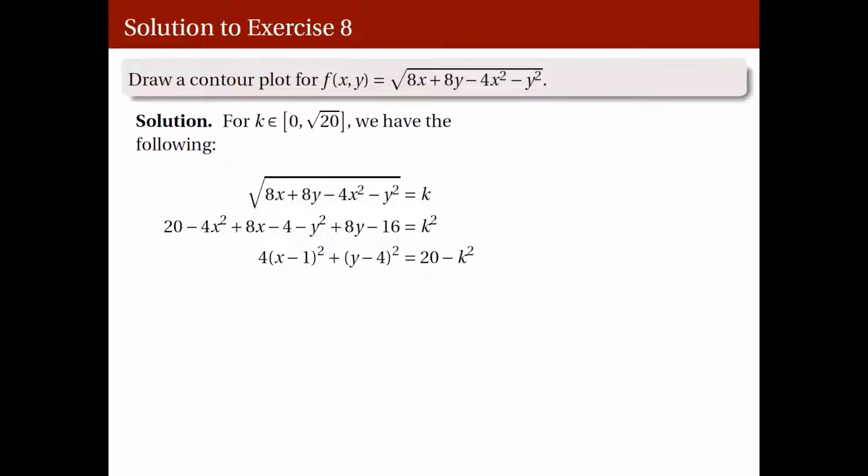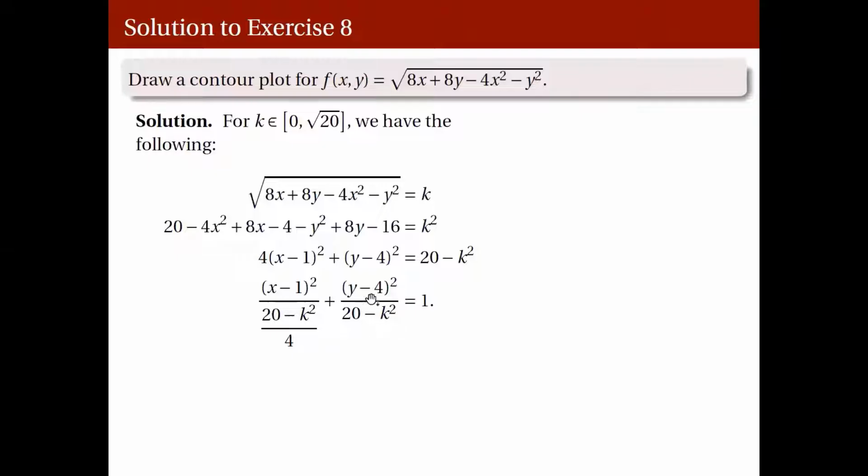Let me skip some more steps. I will be dividing both sides by 4 and then by 20 minus k squared to form this equation. In the first term, the denominator is 20 minus k squared all over 4.